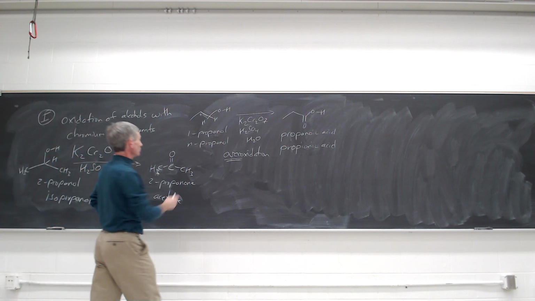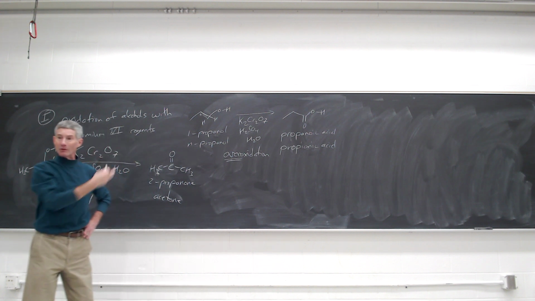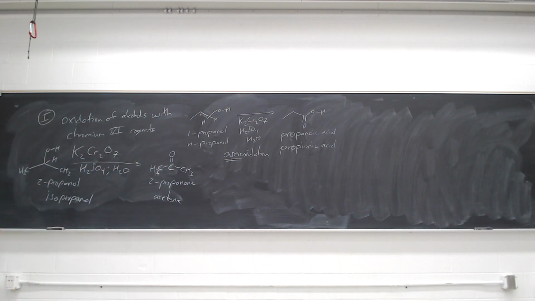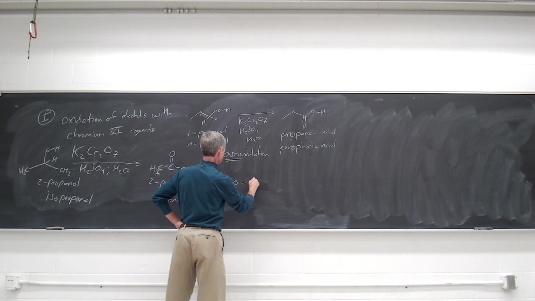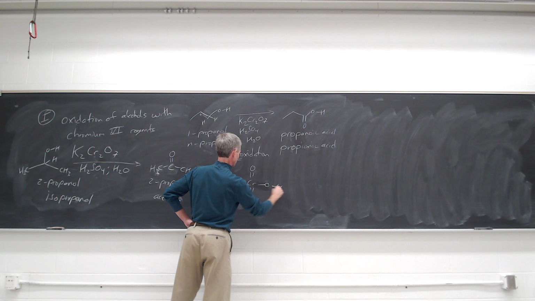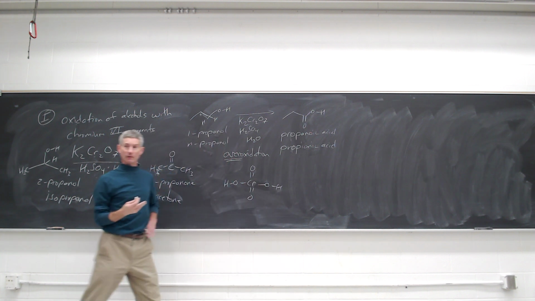We're trying to just remove these 2 hydrogens to generate the aldehyde, but we end up inserting an oxygen as well. And you may remember that potassium dichromate reacts with sulfuric acid to form chromic acid, H2CrO4, which is kind of the chromium analog of sulfuric acid.